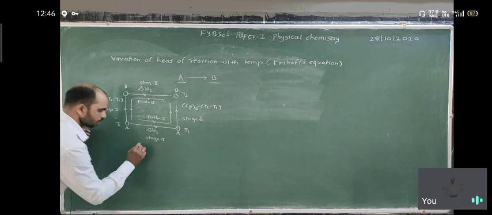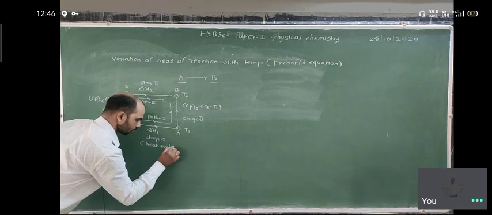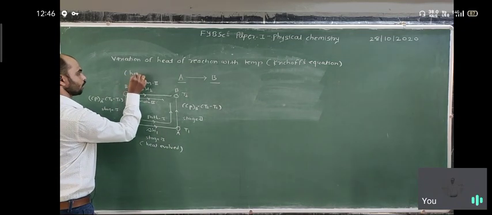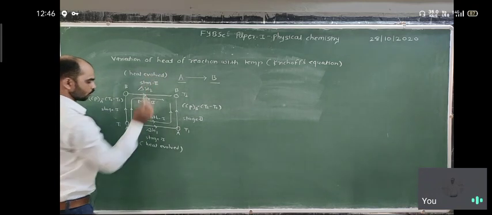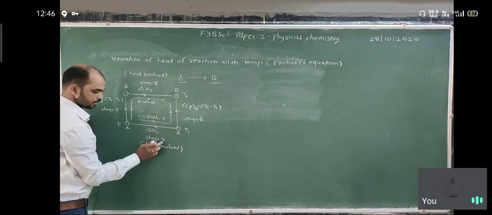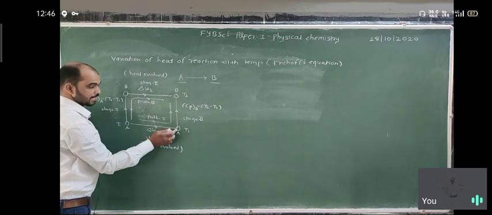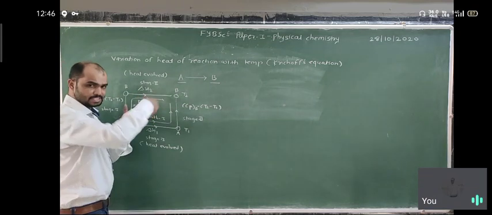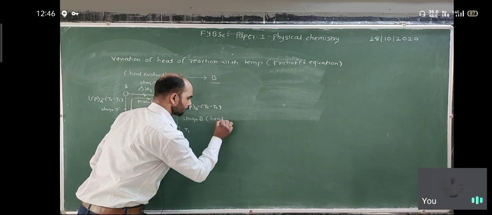So in stage 1 there is heat evolved, and here again heat evolved at temperature T2. So in the first route, if this stage is heat evolved, what happened here? T1 to T2, the temperature rises, that means an increase in temperature. So some heat is added. So this step is called heat absorbed.